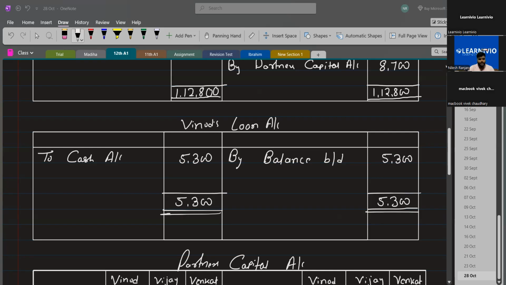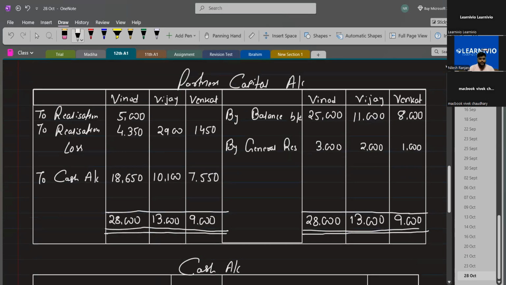Scroll up or down? Down, down, down. Yes.